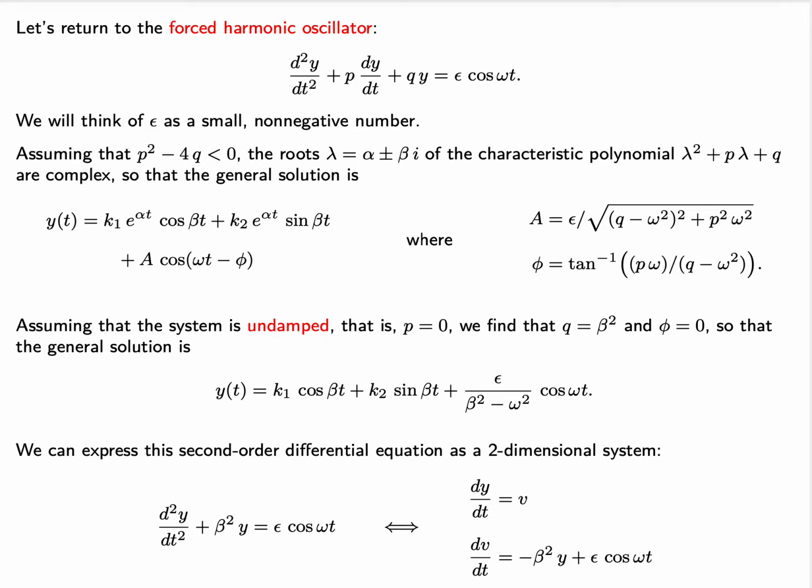We can then express our second order differential equation as a two-dimensional system. Let's write this as dy/dt = v, so that dv/dt = negative beta squared times y plus epsilon cos(omega t).